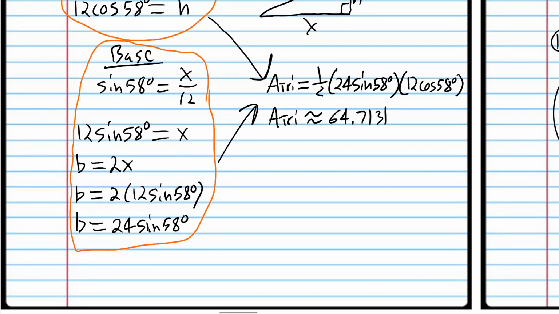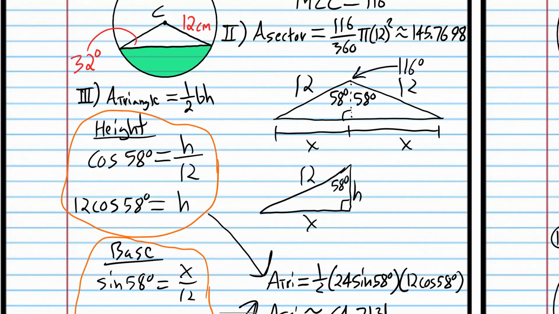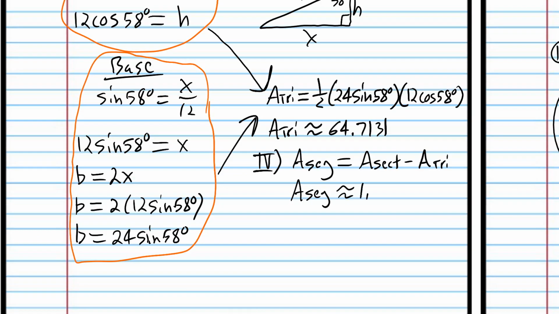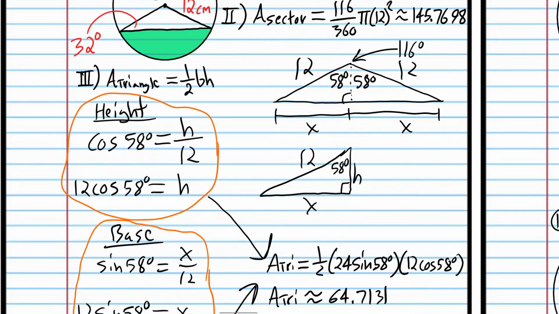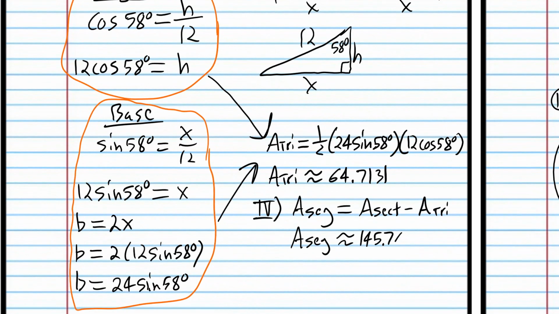All right, so step number 4, we're going to find the area of the segment by subtracting. It's the area of the sector minus the area of the triangle. So it's approximately equal to, area of the sector was 145.7698.